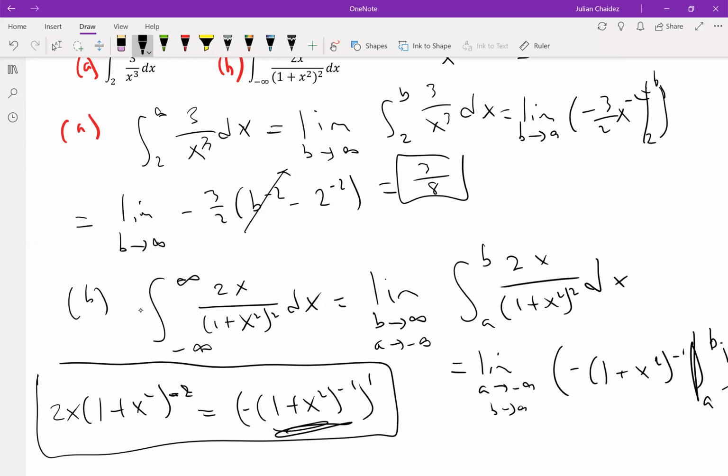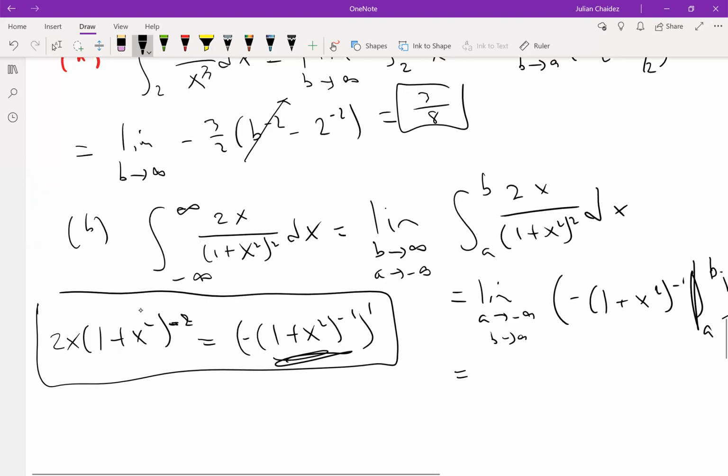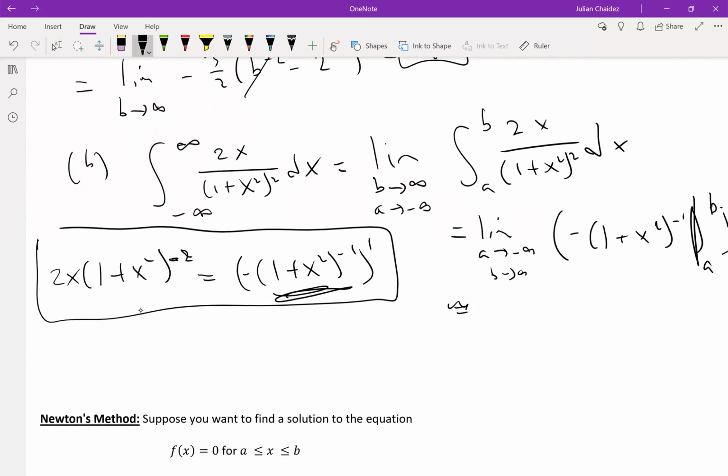Now I just need to look at each of these individual pieces. Maybe I'll write it one more time to totally expand it out.